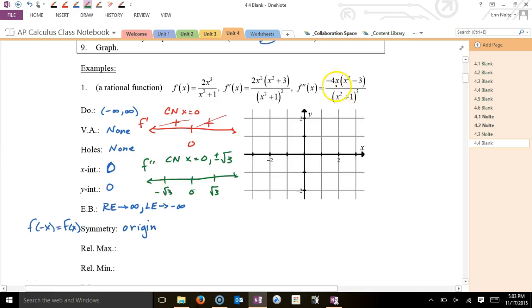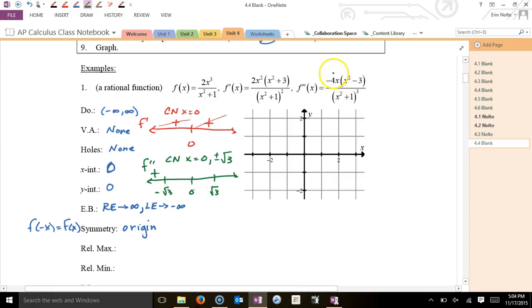So if I plug -3 into my second derivative, I'd have a negative, so that piece would be positive. And then a -3 squared would be 9. 9 minus 3 is positive, so I have a positive times a positive, so I get a positive on the top. And then on the bottom, I get positive there, so I get a positive over a positive, which makes a positive.